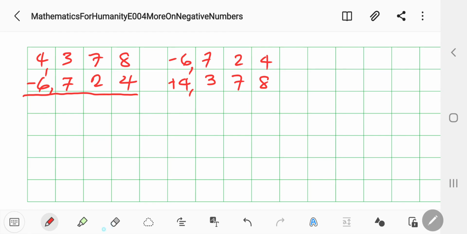And I'm sorry, I have to erase this. Sorry, this is plus 4,378, this one. And then you can rewrite this as 4.